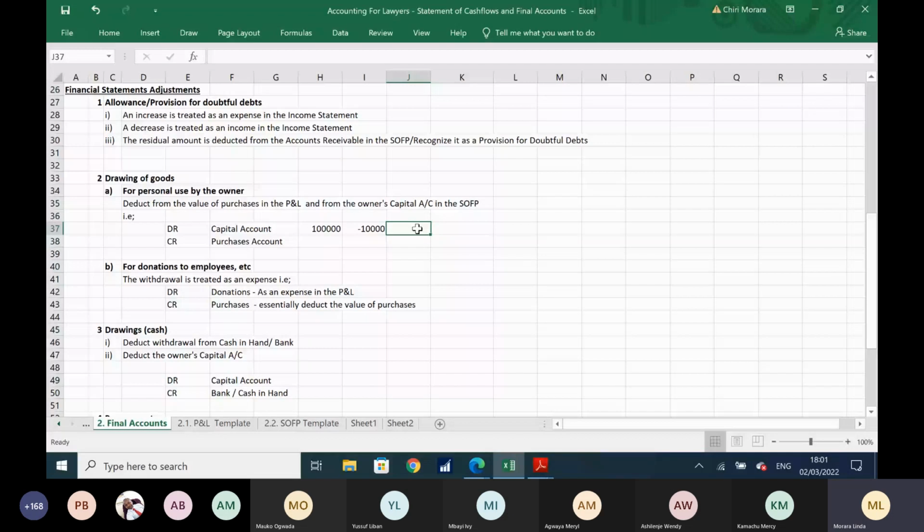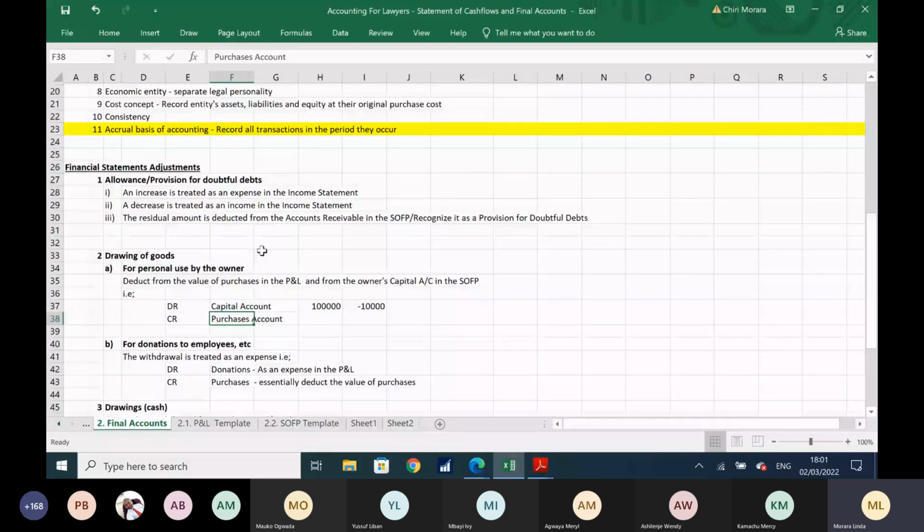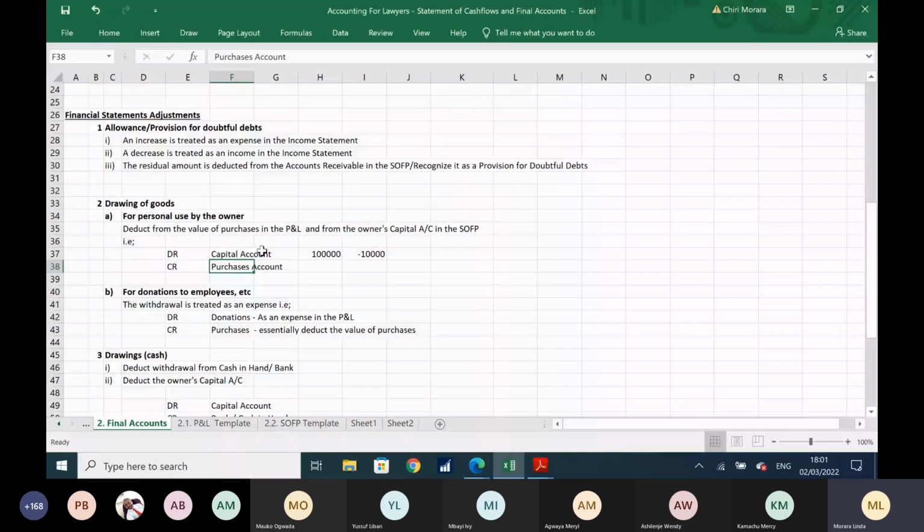And I will credit my purchases account. Why I am crediting my purchases account is, we always say that it is just a rule: for every income you credit, for every expense you debit. So I am crediting my purchases because at the time I bought it, my purchases account was debited with this 10,000.